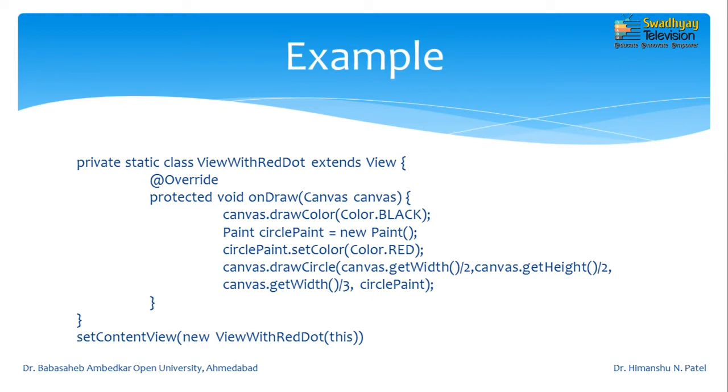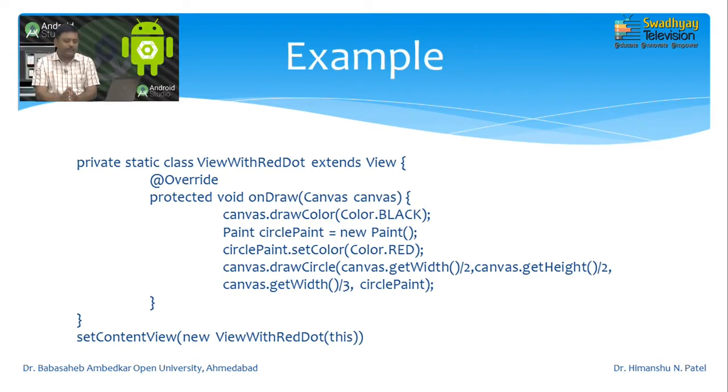For example, the first line writes canvas.drawColor, which specifies the color for drawing, which is black in this case. Then we create a Paint object named circlePaint, and we set the paint color as red, and finally we draw a circle using the drawCircle method.